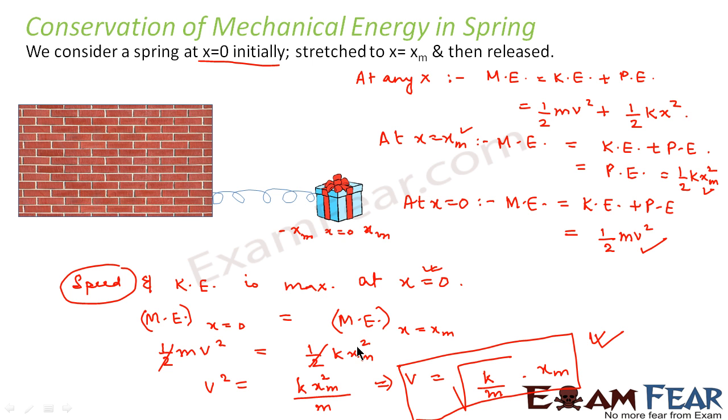Correct? This would be v max. So what do we observe? We observe that in case of a spring also, the total mechanical energy during its movement at all the points will remain the same. Just that the potential energy at times will get converted to kinetic energy and vice versa.